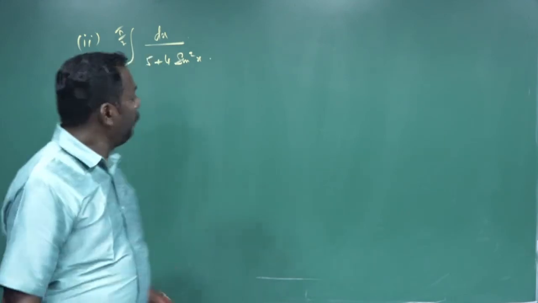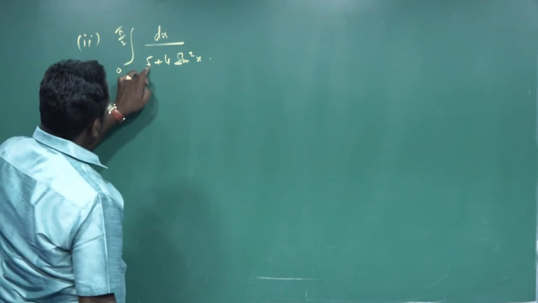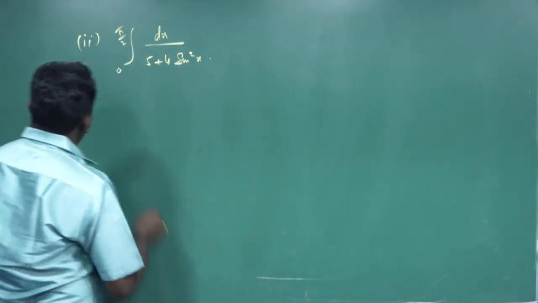Come to the next subdivision, number 2. The integral from 0 to π/2 of dx by 5 plus 4 sin² x.